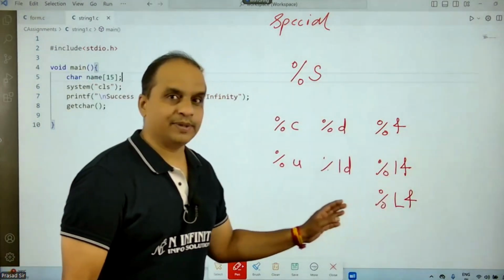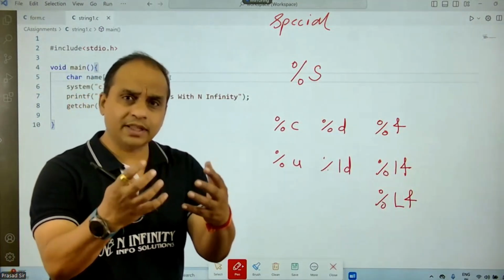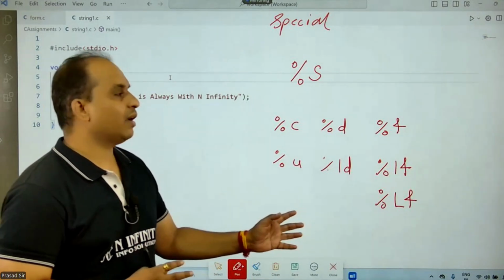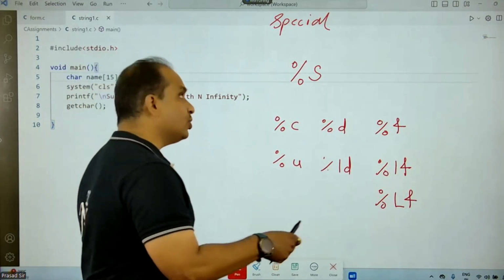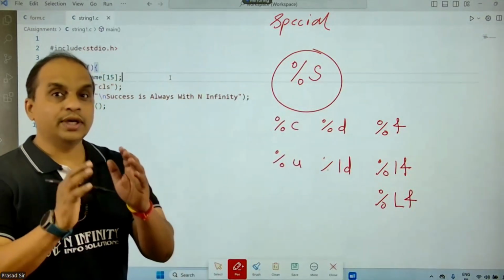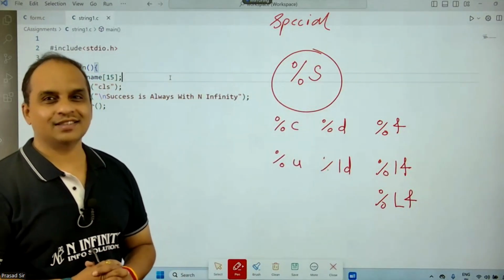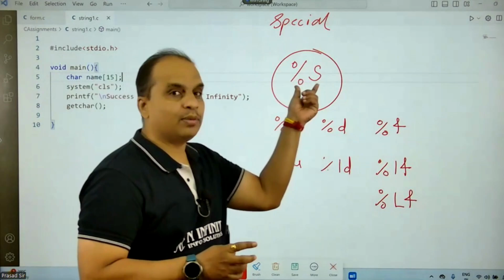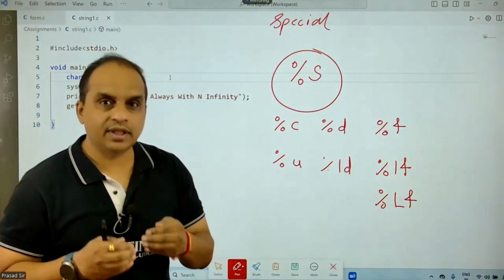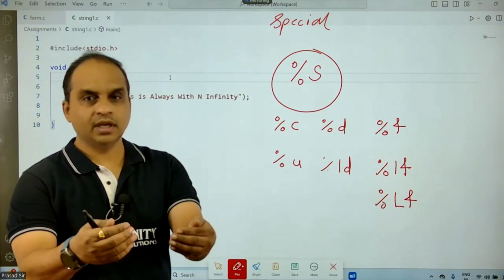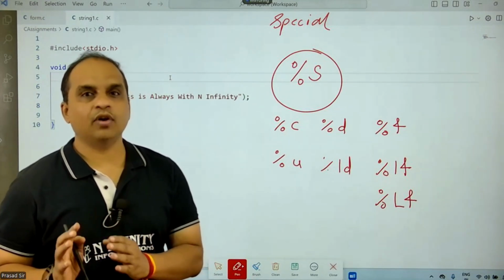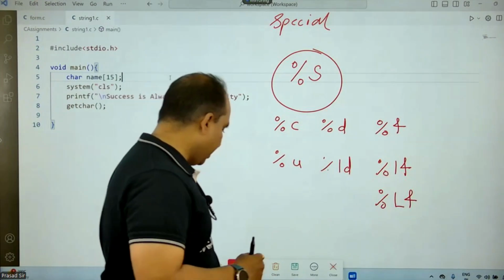So many format specifiers are available in C programming to display and accept values. In the same way we have one more format specifier dedicated for strings. So let's use this format specifier and check whether we can accept the string and display the string with this. That will be the first way to look into acceptance and display of strings. Let's check how this works.